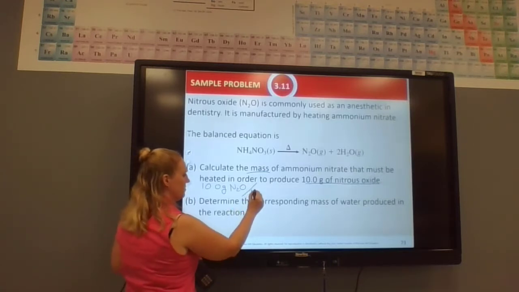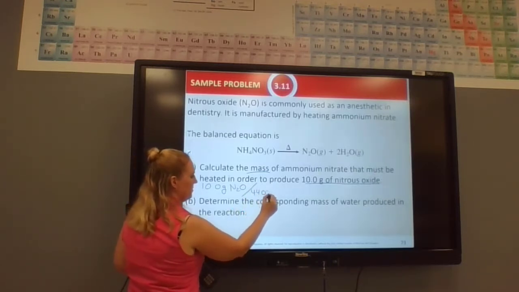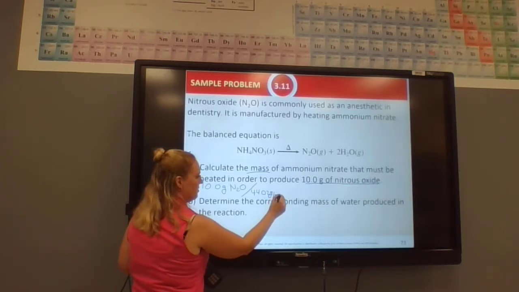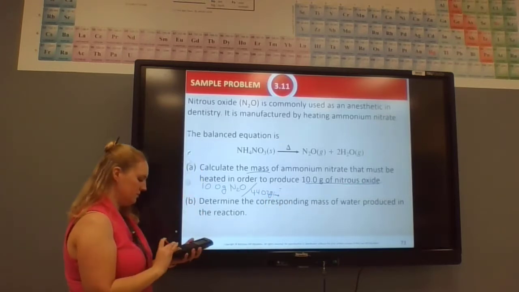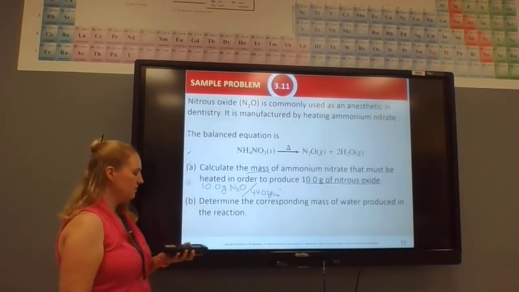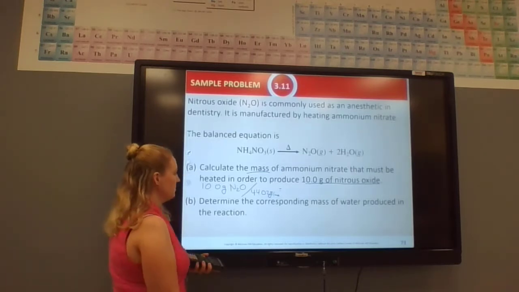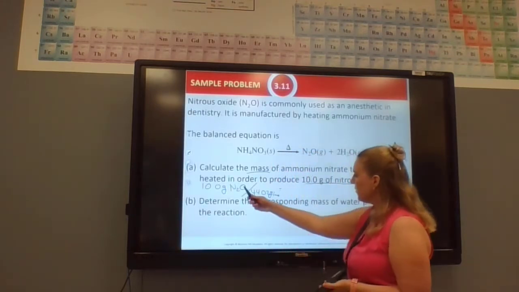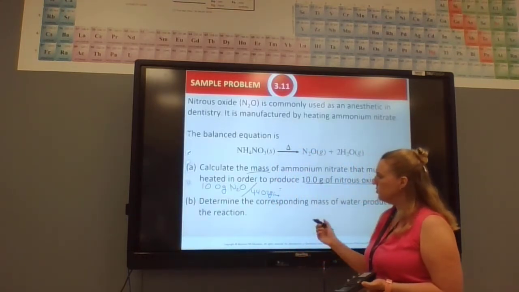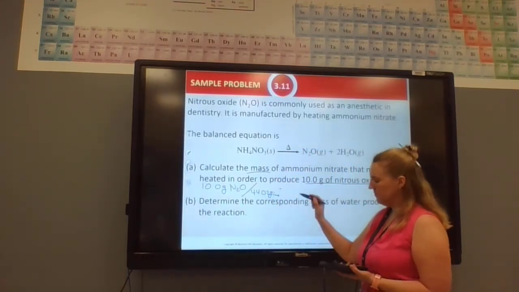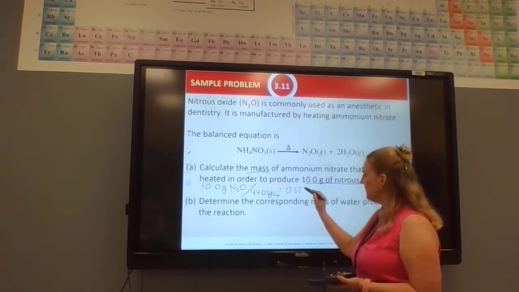Good. 44.02 grams per mole. 10.0 grams divided by 44.02 gives me what number? 0.227, and what is my unit now?